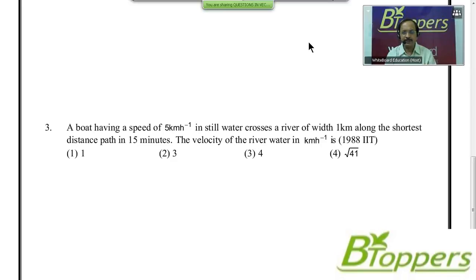The velocity of the river water in kilometer per hour is. There are 4 options. First option 1, second option 3, third option 4, fourth option root 41. Come on, try this question.